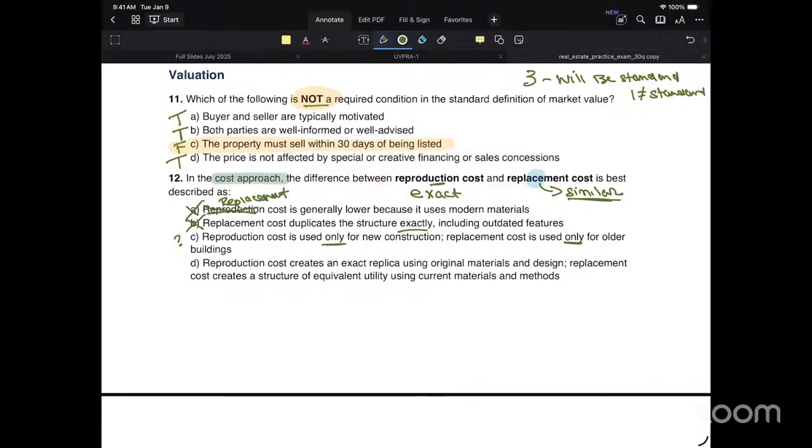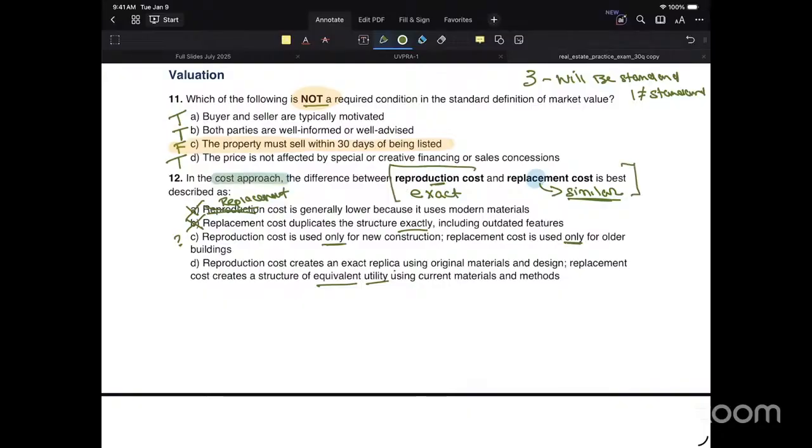Let's try D. Reproduction cost creates an exact replica using original materials and design. And then replacement cost creates a structure of equivalent utility using current materials. Well, you know what? This is exactly what I said up here.